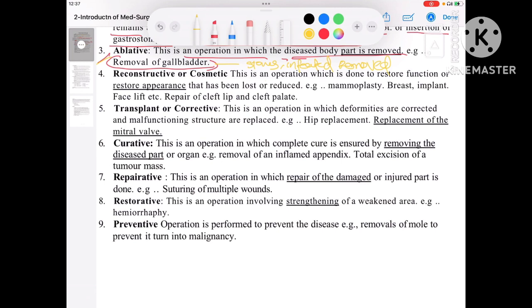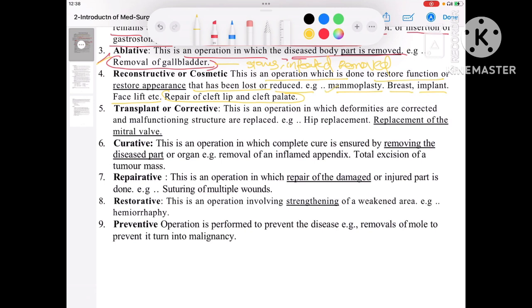This is an operation done to restore function and appearance that has been lost or reduced. Examples are mammoplasty, breast implant, facelift, and repair of cleft lip and cleft palate.